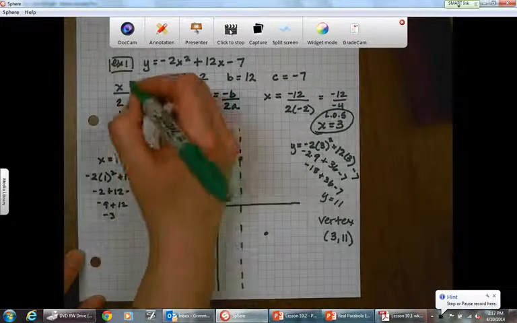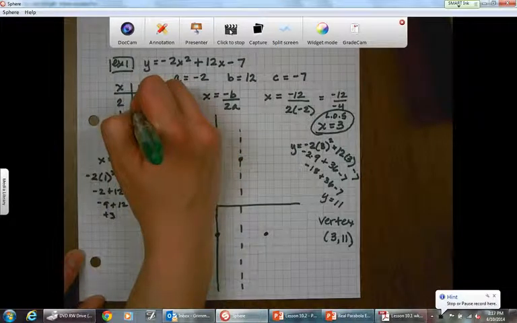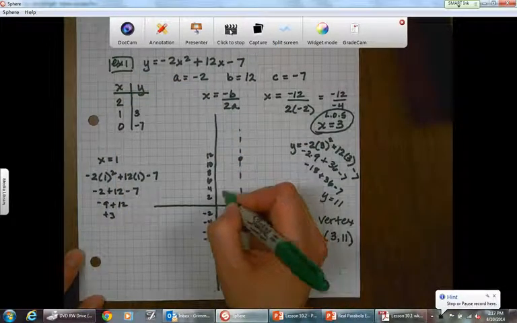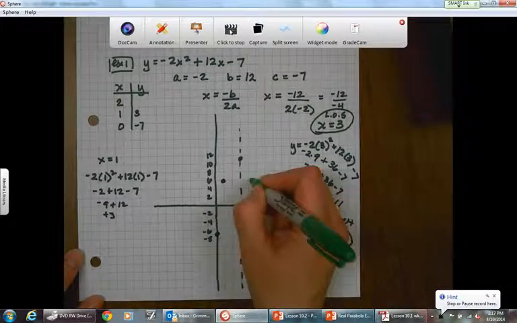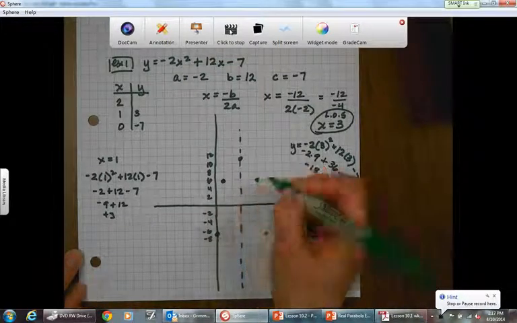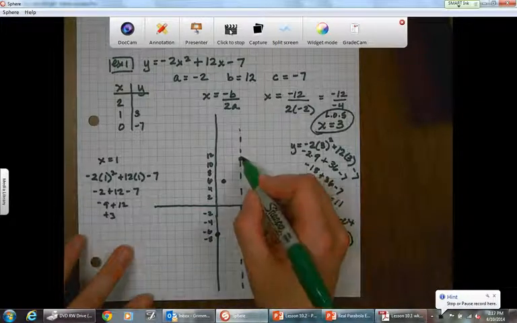So that's going to be, oh, no, +3. All right, so I'm going to go over 1 and up 3. 1, 2, 3. Could I find another point since I know the line of symmetry? Yes. So I just have to go over, what, 2 more? Okay, do I have a parabola in there now? I sure do.